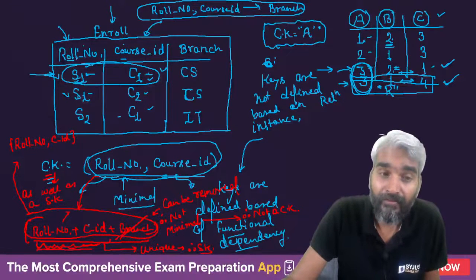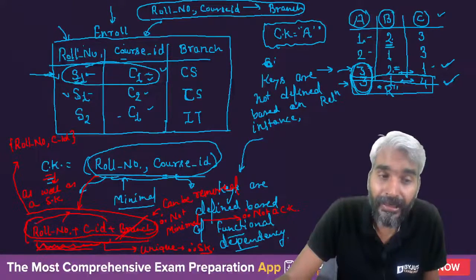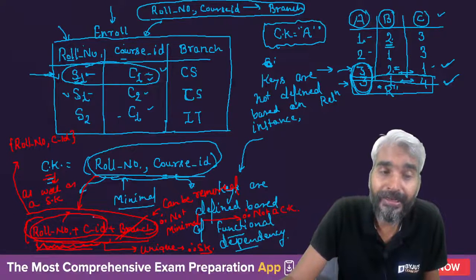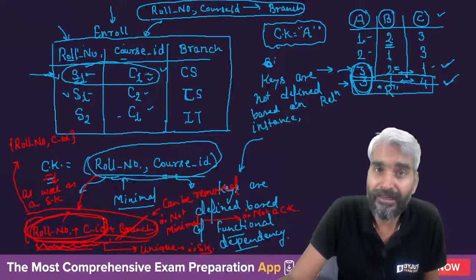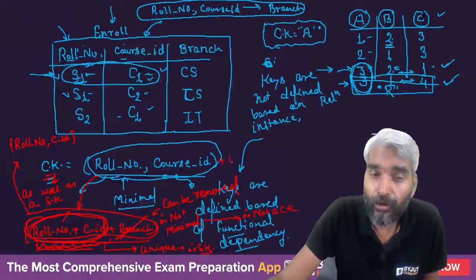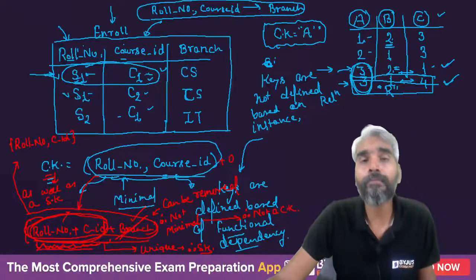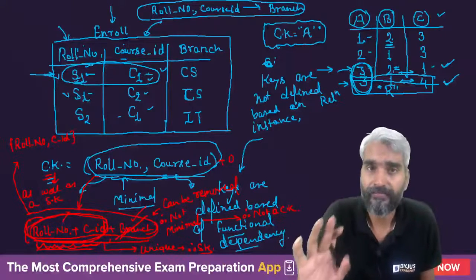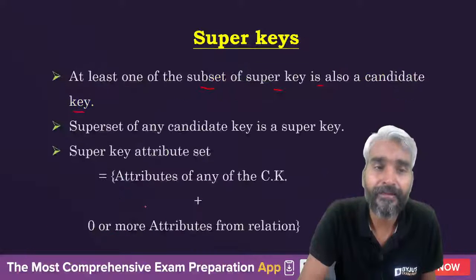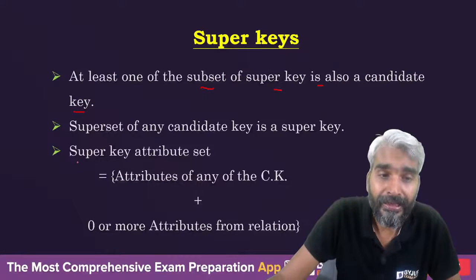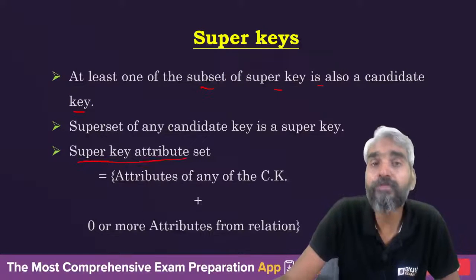A super key will consist of attributes of at least one candidate key, plus 0 or more attributes from the relation. So the super key attribute set will be composed of what?